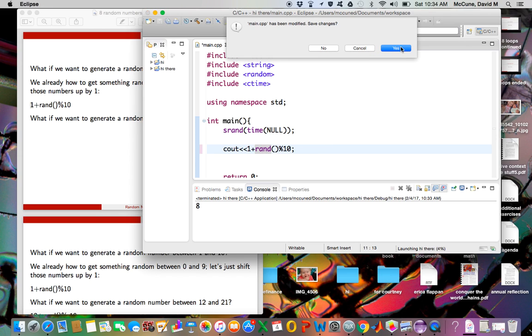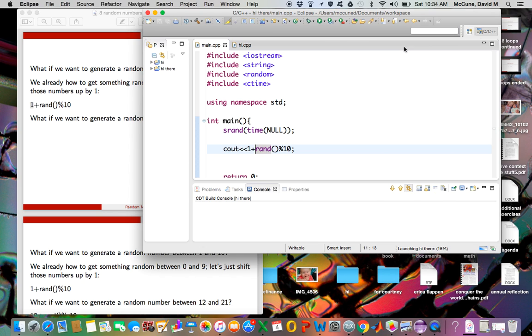So let's just do that to confirm. 4 is a number between 1 and 10. 8 is a number between 1 and 10. 2 is, etc. Let's see if we eventually get a 10. Yeah, so we got a 10 here. So 10 is a number between 1 and 10.